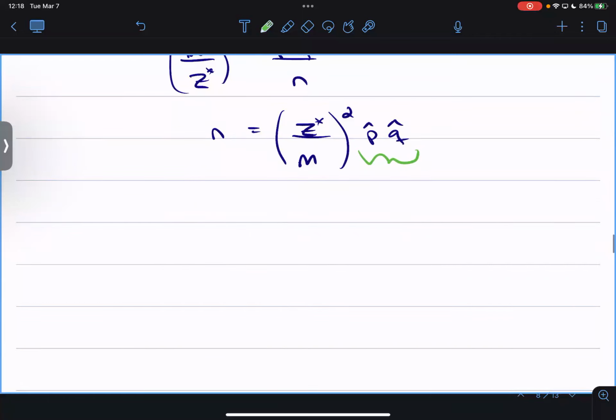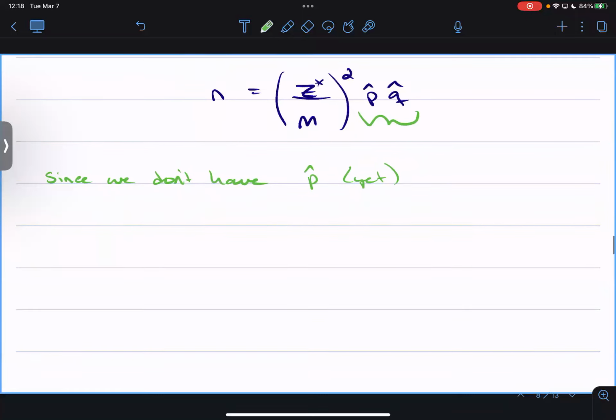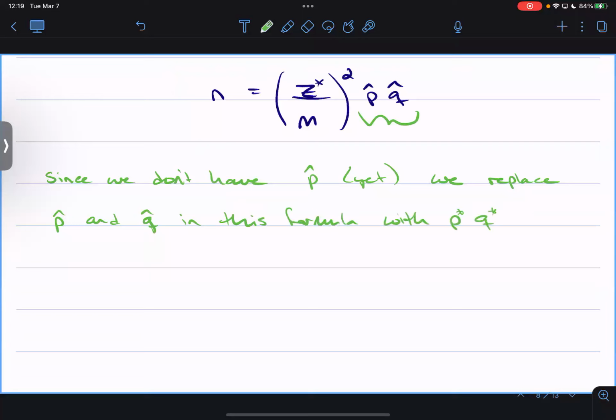Okay, so since we don't have p hat yet, we replace p hat and q hat in this formula with p star and q star.